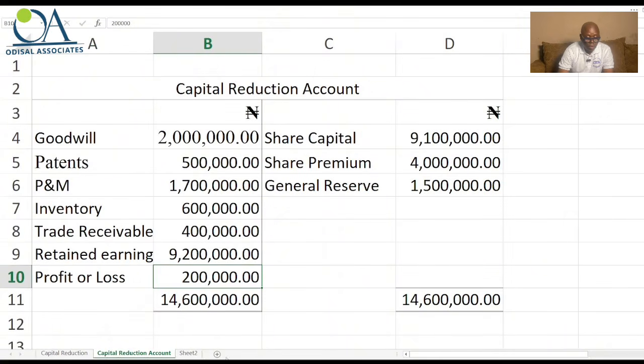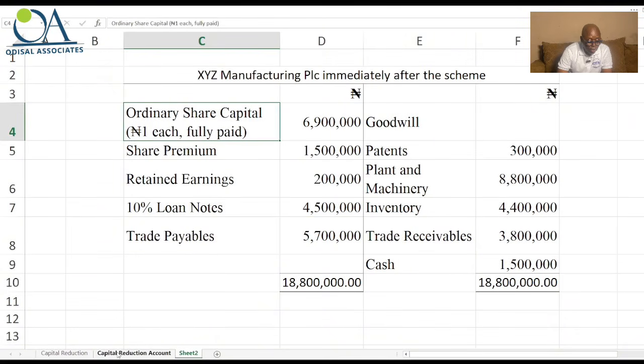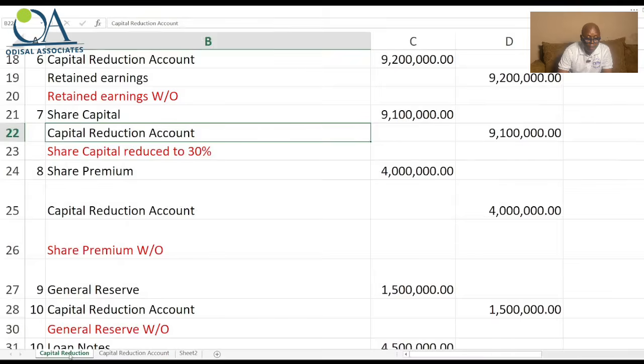The next one is to look at the opening statement of financial position after the scheme. So this is what it looks like. Now we come to ordinary shares. Before, our ordinary shares in the account was 13 million. Out of that 13 million, we removed 9.1 million.